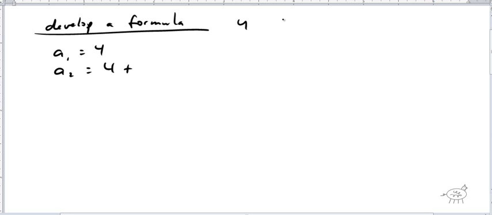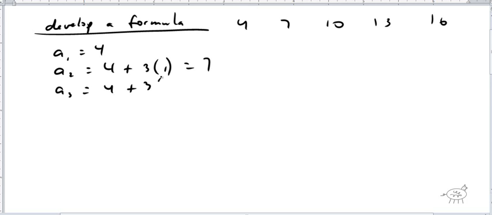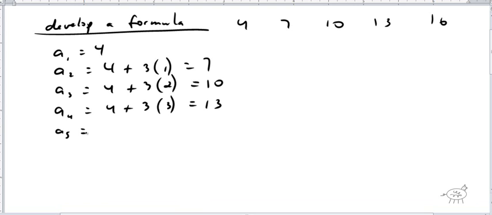Let's actually write them out here: 4, 7, 10, 13, and 16. And then a sub 3 is 4 plus 3, and we're going to do 2 of those. A sub 4 equals 4 plus 3 times 3 of those. Let's do one more. A sub 5 is 4 plus 3 times 4 of those.